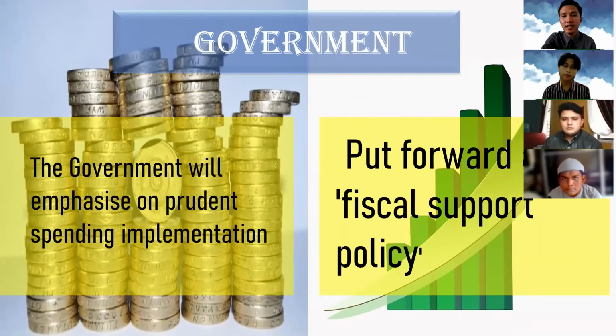Second, the federal government also put forward a fiscal support policy to boost economic growth for 2020. On 27 February, Tun Dr. Mahathir presented a RM20 billion economic stimulus package to mitigate the impact of economic weakness caused by the COVID-19 pandemic with a three-way approach.